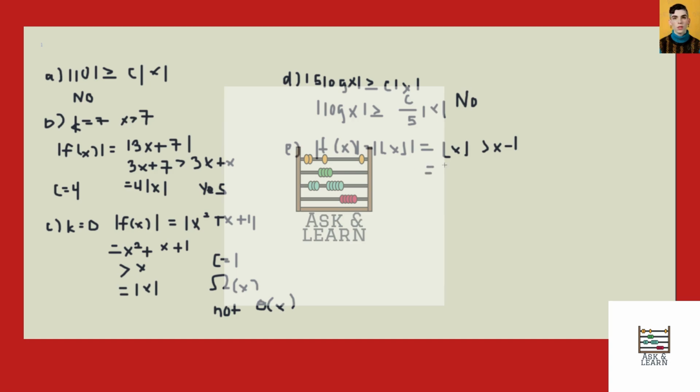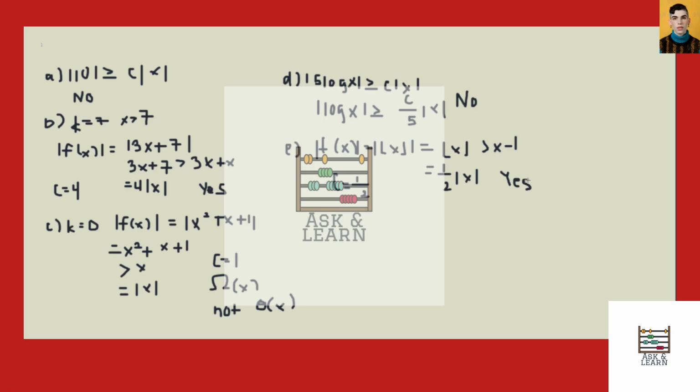And we get this is equal to 1/2 absolute value of x. So we have to choose c to be at least 1/2. And by the definition of the big omega notation, f of x is omega of x with k equals 2 and c equals 1/2, and it is theta as well.